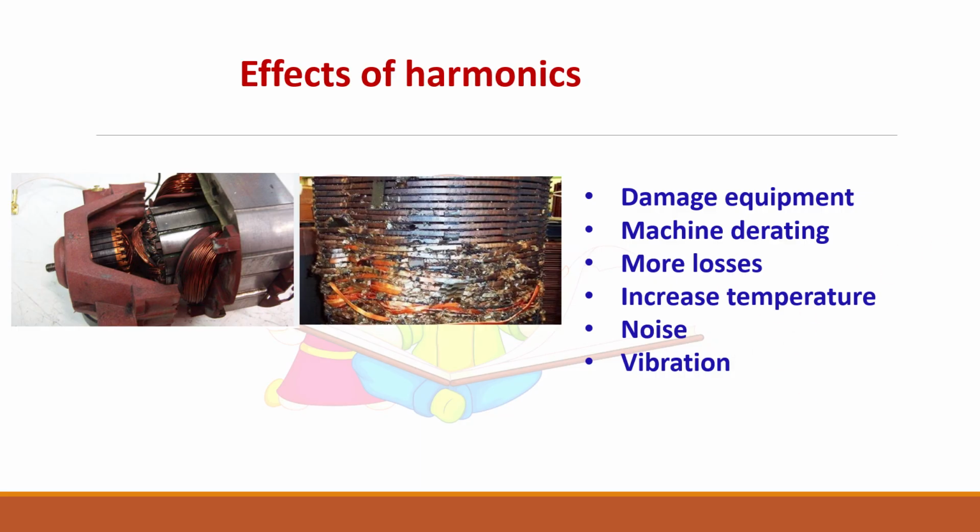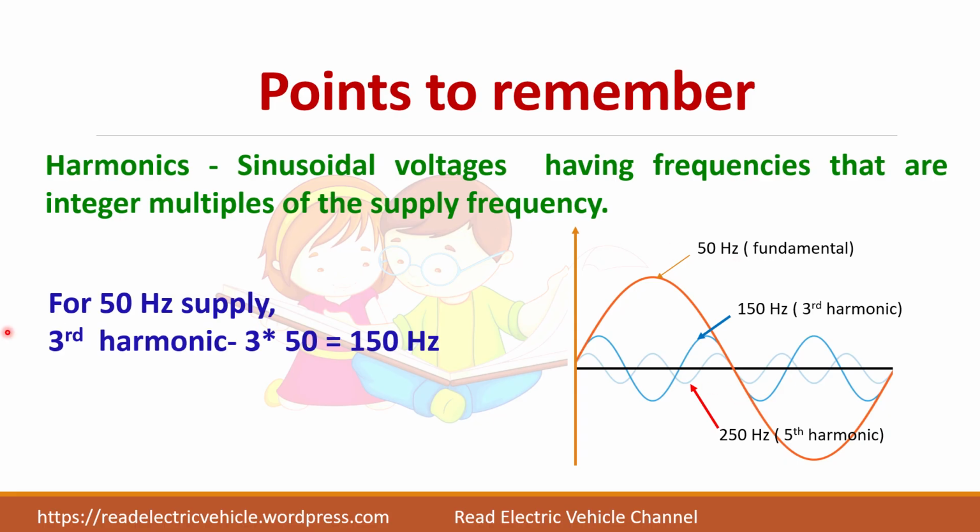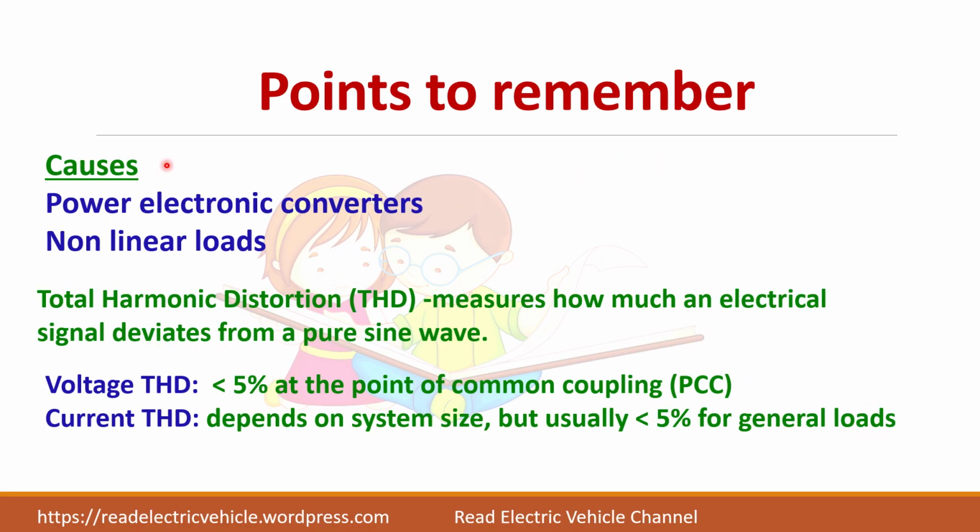In this video, we have seen the basics of harmonics. Let us recall what we have seen in this video. Harmonics are sinusoidal voltages having frequencies that are integer multiples of the supply frequency. So for a 50 Hz supply, the third harmonic will be 150 Hz and the fifth harmonic will be 250 Hz. The major sources of harmonics are power electronic converters and nonlinear loads.